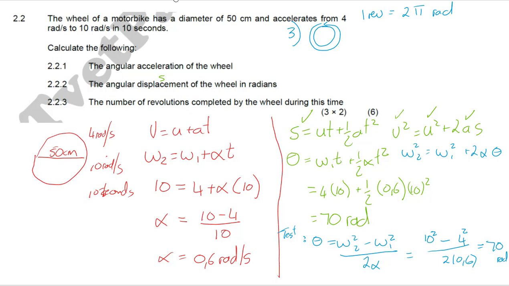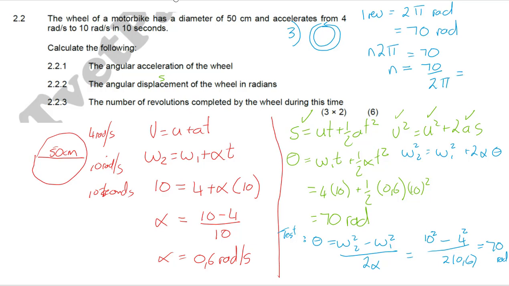But I've done 70 radians. So I want to know how many revolutions we have completed on the wheel. It's just a straightforward ratio. I can say that n times 2 pi, the number of revolutions times 2 pi, is equal to 70. So n must be equal to 70 divided by 2 pi.